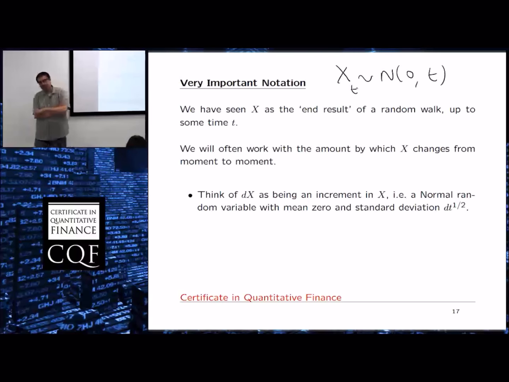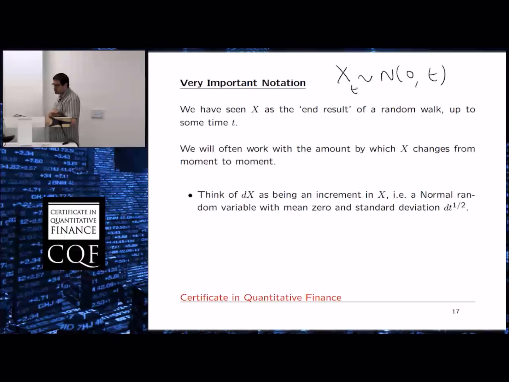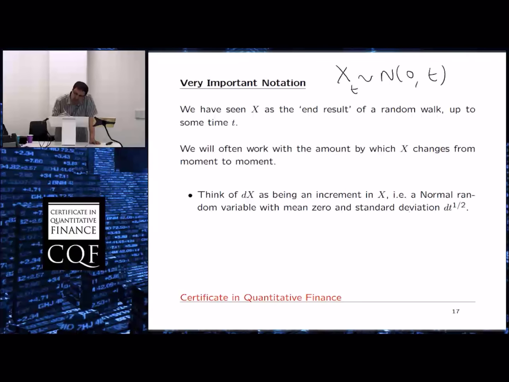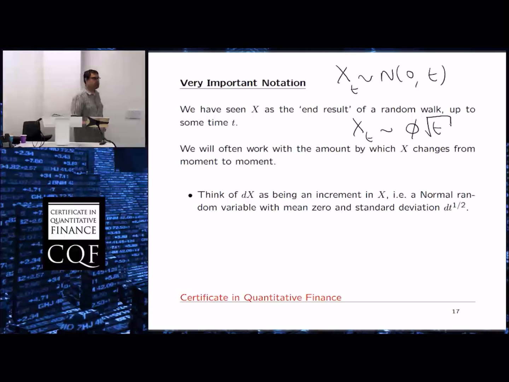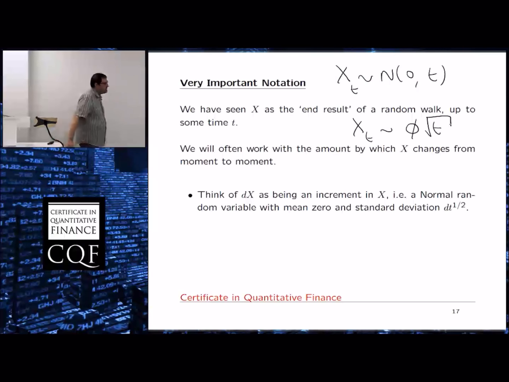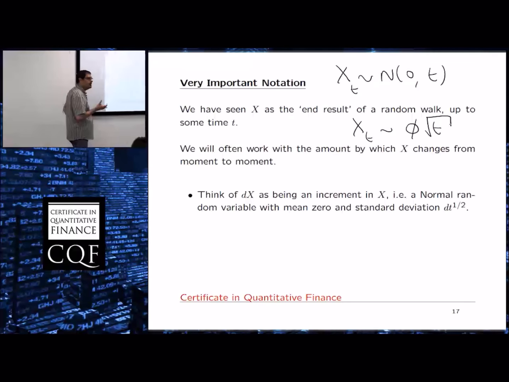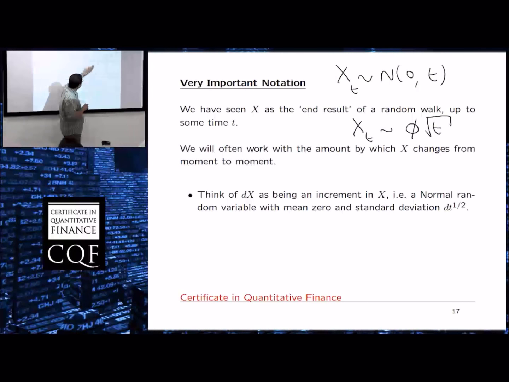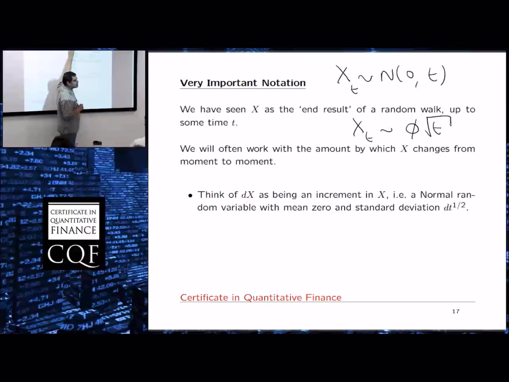The other important thing for me to say is that we can write down xt as a normally distributed random variable, which is phi, times the square root of the time, which is this. What this is saying is not that that equals Brownian motion. You can't say that. But what you can say is that the distribution that xt follows is the same as if you have an N(0,1) number, which is what phi is.